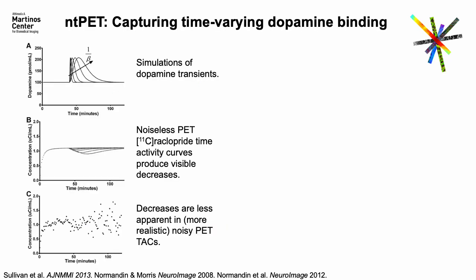But in that context, there have been other models like neurotransmitter PET that try to capture time-varying dopamine binding, and simulations have shown that dopamine transients of varying lengths can really be shown on PET time activity curves, but when there is noise in those time activity curves, those decreases become less apparent and are not always visually discernible.